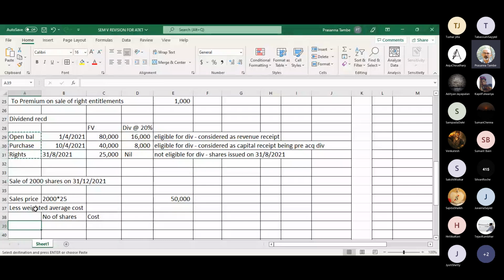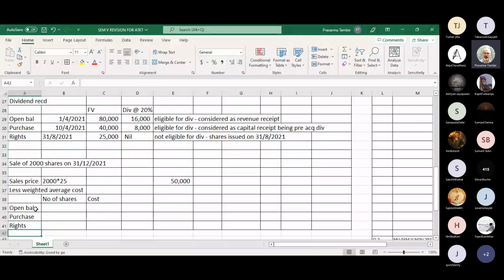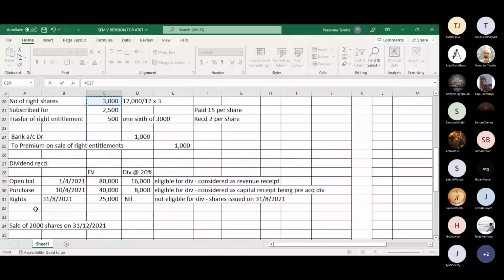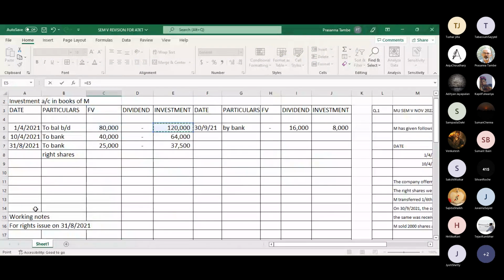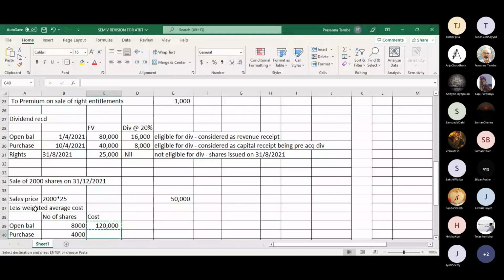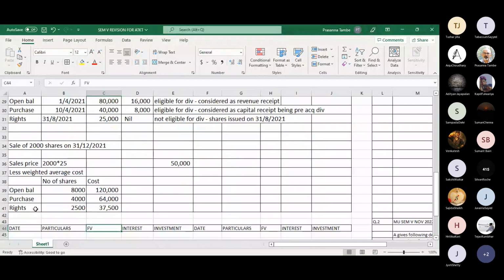There are three items here. Opening balance was 8,000, purchase was 4,000, and right shares were 2,500. We will also plot the corresponding cost. These are the cost related details for shares with us.